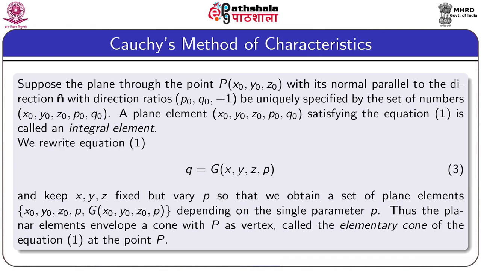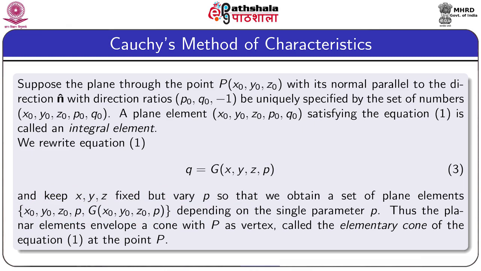Now, if we fix the point x0, y0, z0 and vary p, we will get a set of plane elements in the form x0, y0, z0, p, g(x0, y0, z0, p).